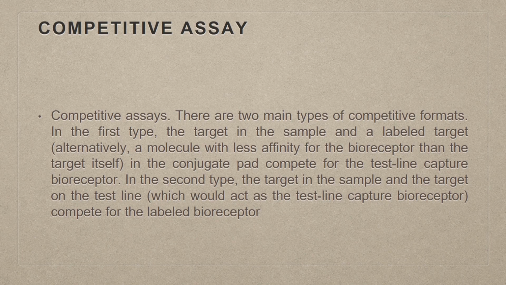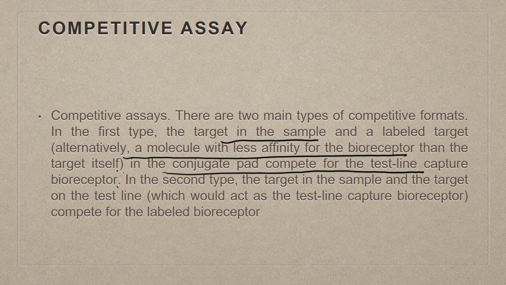Now, when we talk about competitive assays, there are two main types of competitive format. In the first type, the target in the sample and the labeled target, alternatively a molecule with less affinity for the bioreceptor than the target itself, in the conjugate pad, compete for the test line capture bioreceptor.